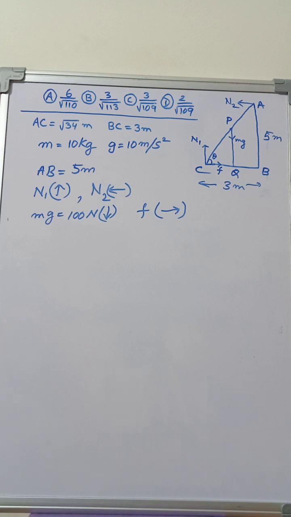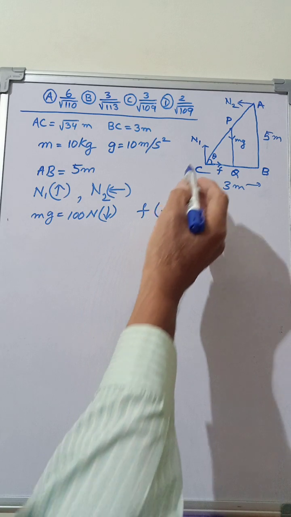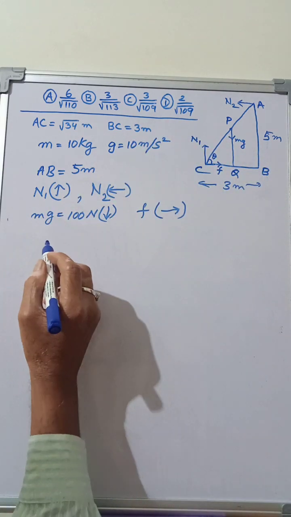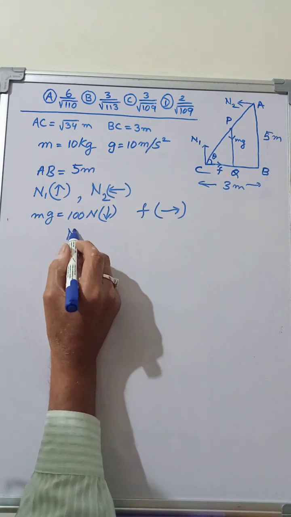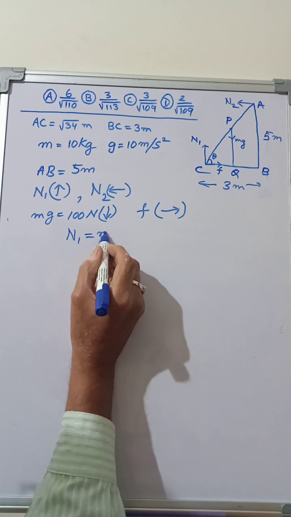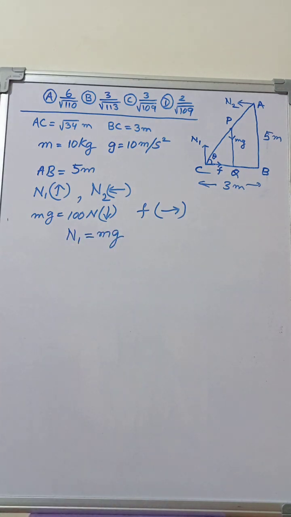Now, since the ladder is in equilibrium, for vertical equilibrium, upward force should be equal to downward force. Upward force is N1 and downward force is mg. Therefore, we can write N1 is equal to mg.